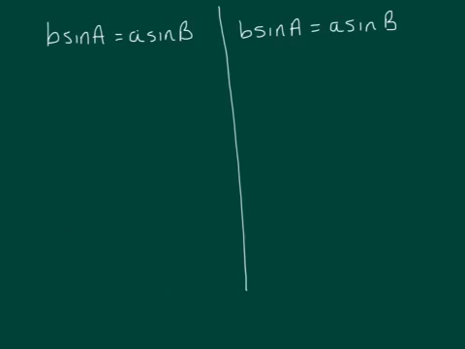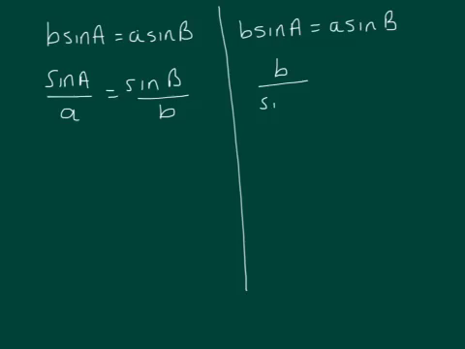We could either divide through by the sides A and B, which would give us sine A over A equals sine B over B, or we could divide through by the sine A and sine B, which would give us B over sine B equals A over sine A. You see, we're getting the beginnings of both forms of the sine rule here.